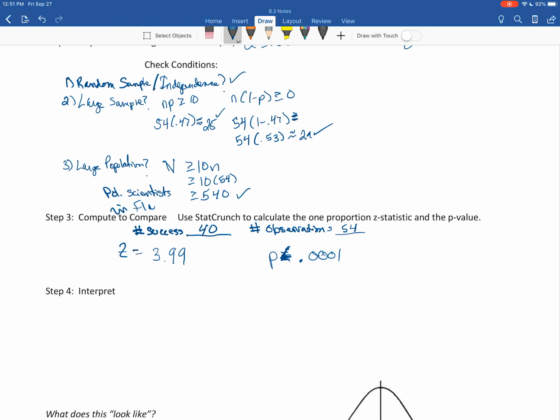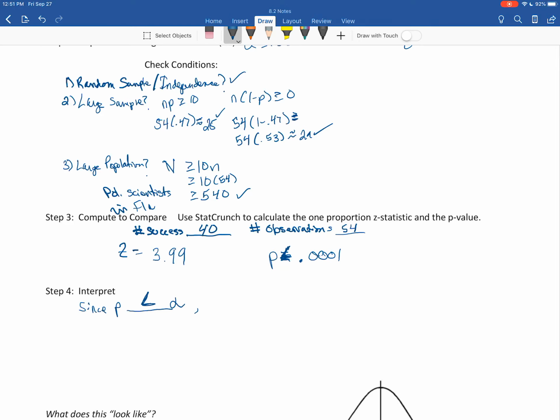Okay, so let's go ahead and interpret. The z-value is important to us, but what's most important to us is the P, because our conclusions are based on that p-value. So since P came back, we compare it to that alpha value. Is this P greater than or less than 0.05? Well, here it's extremely tiny. It's definitely less than 0.05.